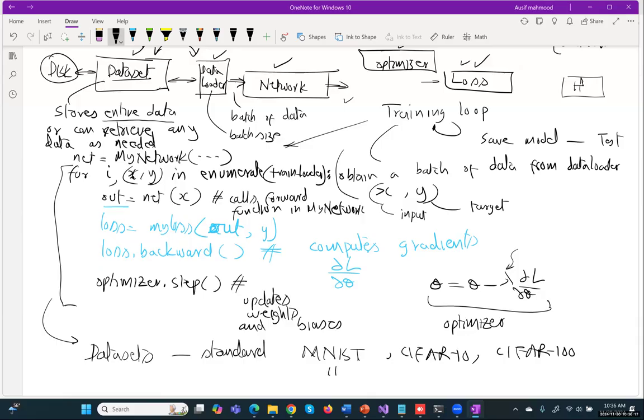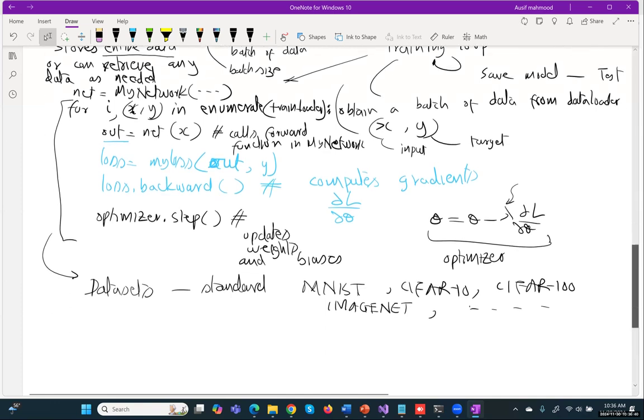On the images side, there is a very popular data set called ImageNet, okay? And there's cars and planes and a few other data sets as well. So in the image domain, you should be at least aware of the most popular data sets, which I listed over here.